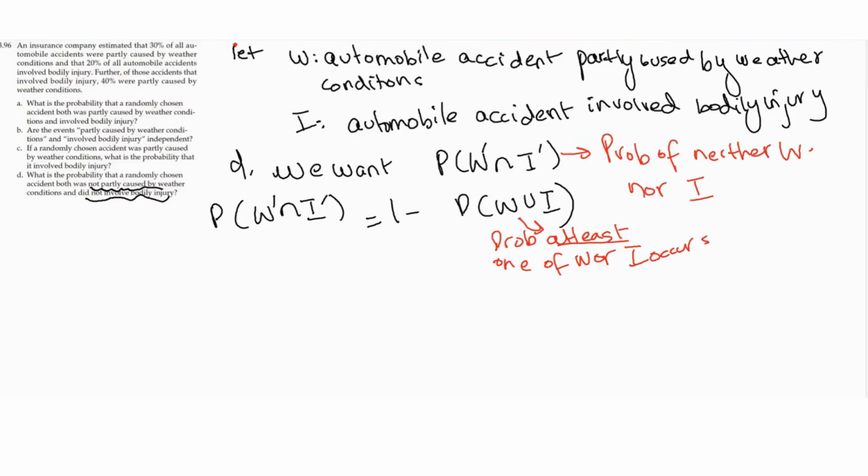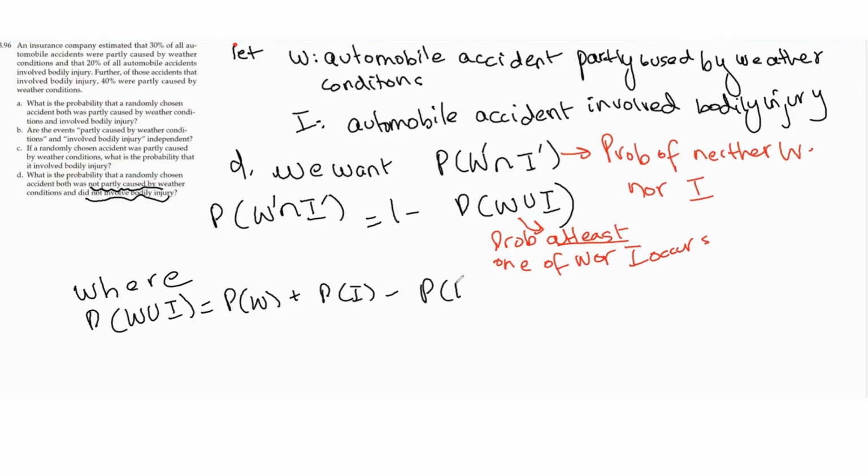Now, how do we find this probability W union I? We can find this using the inclusion-exclusion principle, the addition rule of probability, where this is probability of W plus probability of I minus probability of W intersection I. Now, probability of W is given to us as 0.3.